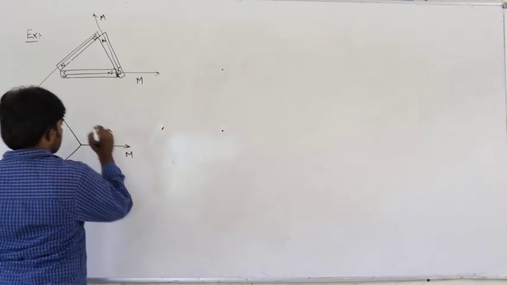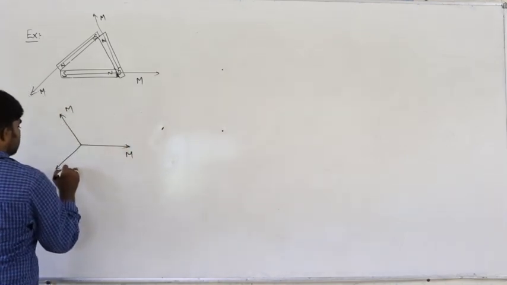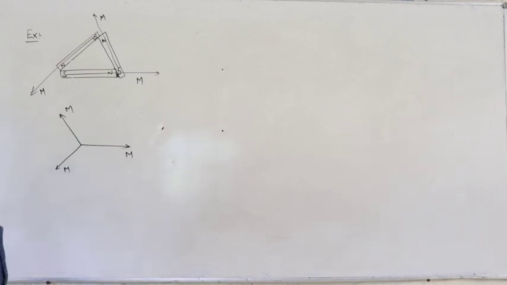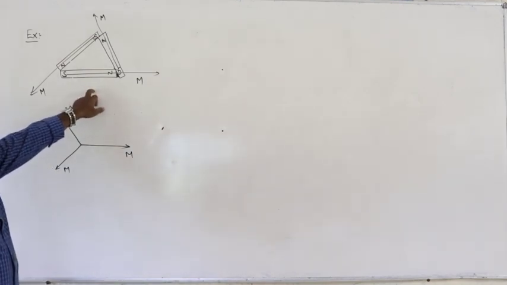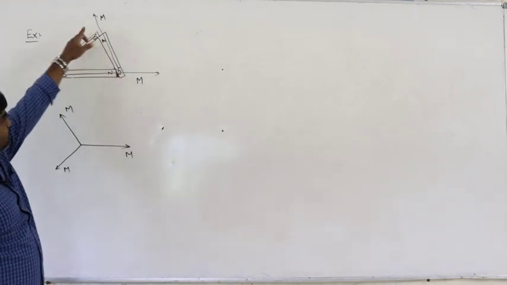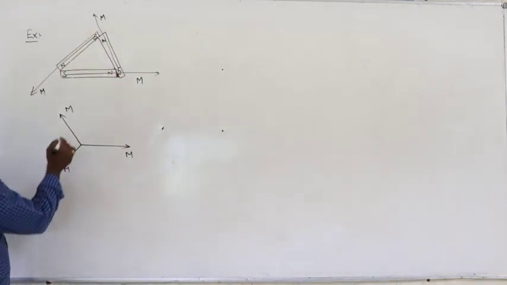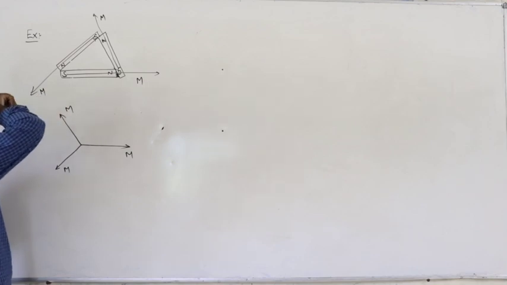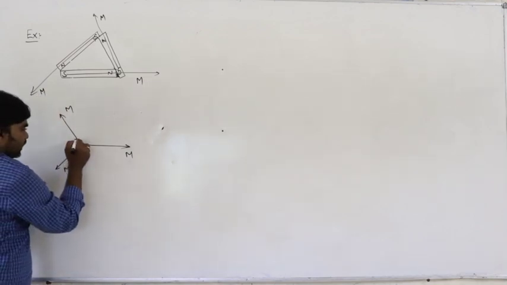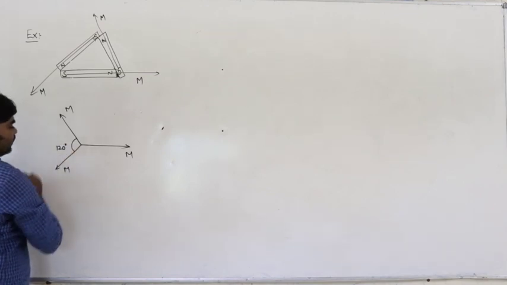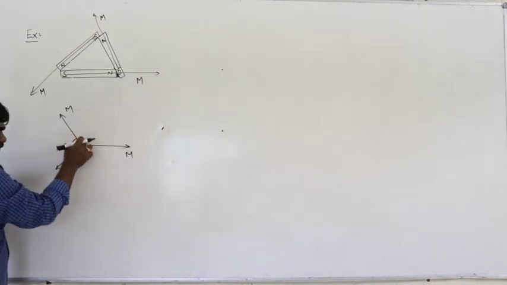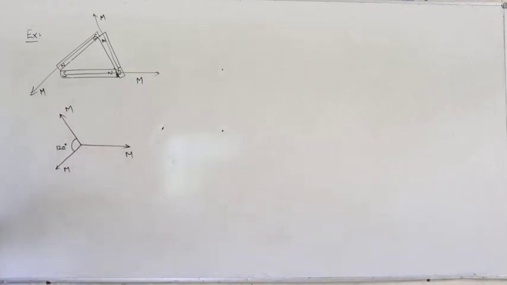This is M, and this is M, and this is M. All are identical magnets. What is the angle between any two magnetic moments here? Here the angle between these two is 120 degrees. Here also 120, here also 120. Total angle is 360. So that's why here the angle is 120.